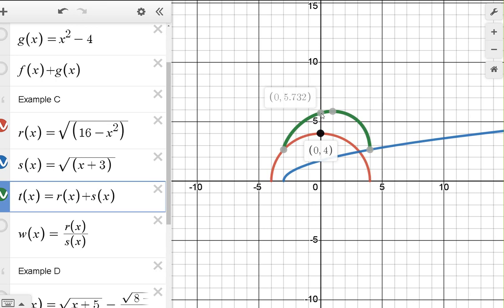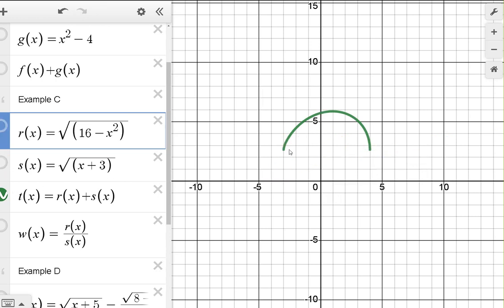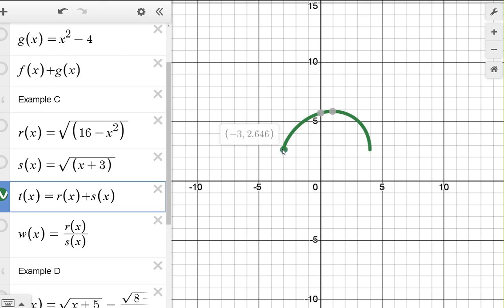And there you go. That's how you get this point. This point here is really just square root of 7 plus 0. So you're getting these points for the green function by adding these other points. Let me shut these two other graphs off so you can see that this function is only defined from -3 to 4. That's the addition of those two.